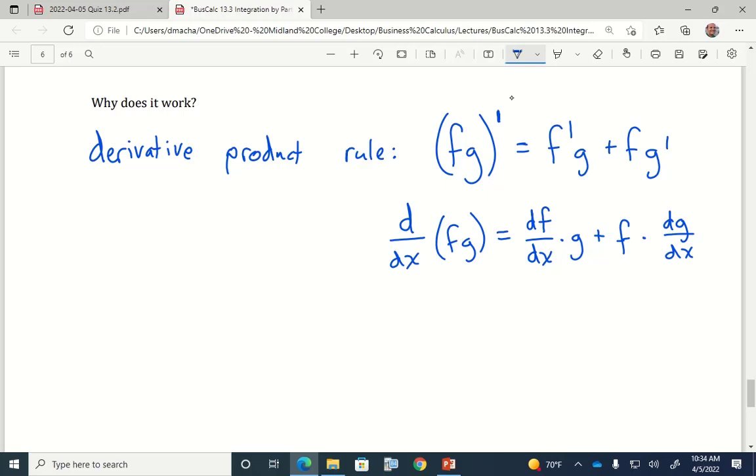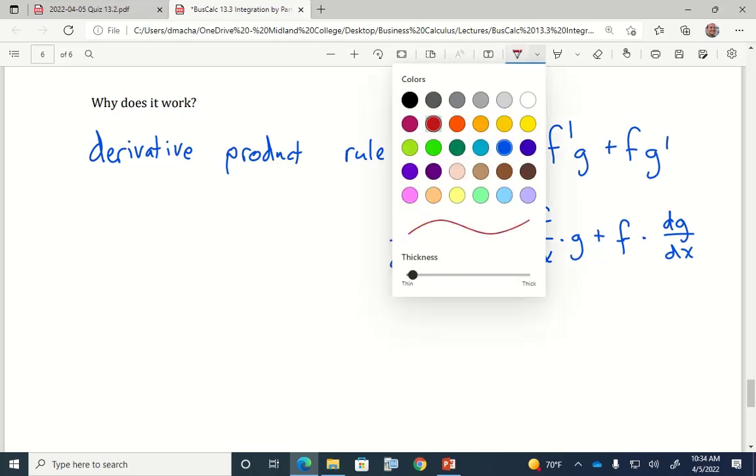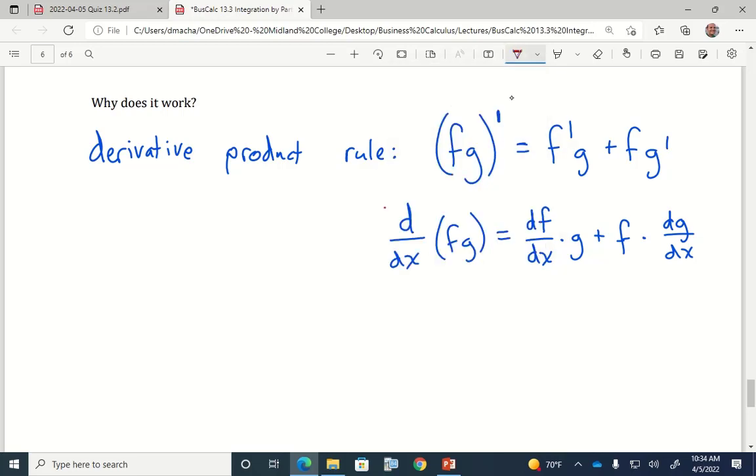Then on the left side of this equation, let me just start a new line because I wrote everything too close together. I'm going to take the antiderivative of the derivative of f times g.